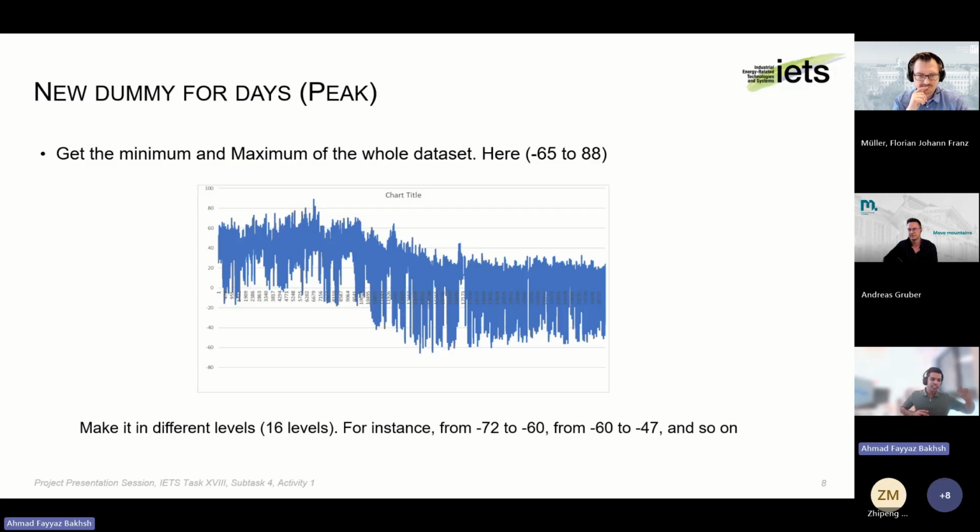So we said, let's put it from minus 72 to 95. We made this dummy in 16 levels. It means if one interval or one residual load is between minus 72 and 60, put 0. If it's between 60 and minus 47, put 1, and so on, all the way to 16, which is the highest.